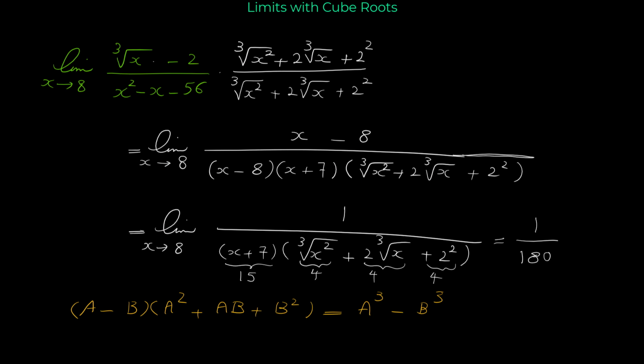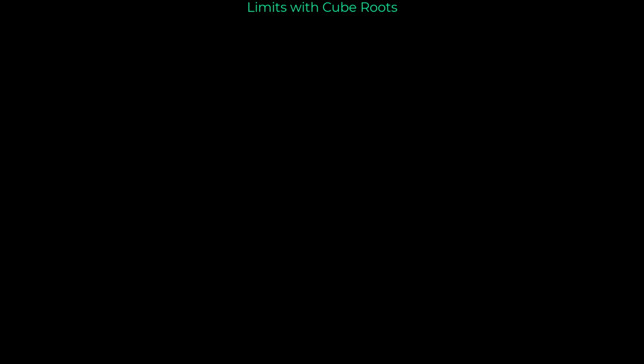Now let me show you another method for finding this limit. First, let me rewrite the question again here. We want to find the limit of cube root of x minus 2 over x to the 2 minus x minus 56 when x approaches 8.